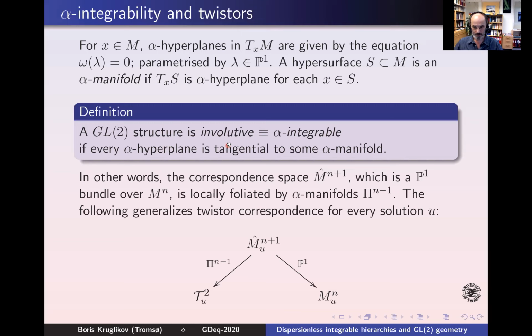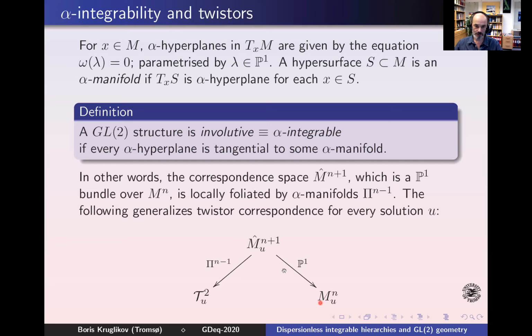Okay, so what do we do then? Here's our manifold. Well, you may ignore U for a moment. That's an n-dimensional manifold. We consider a bundle over it, and that's this P1 bundle of all possible lambda. Because at each point, for each lambda, we have an alpha plane.